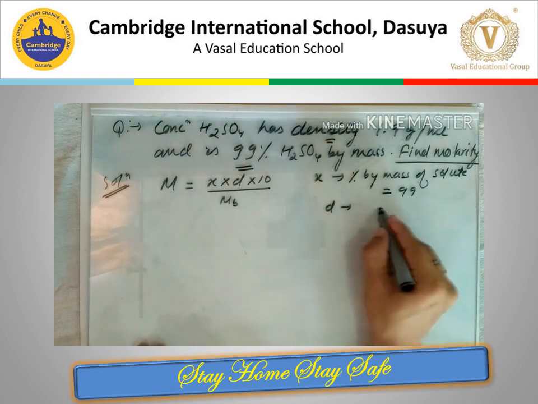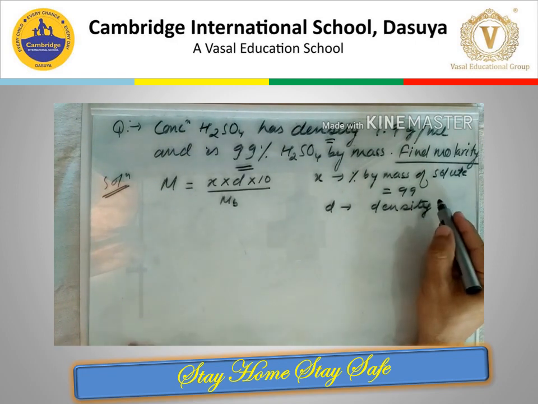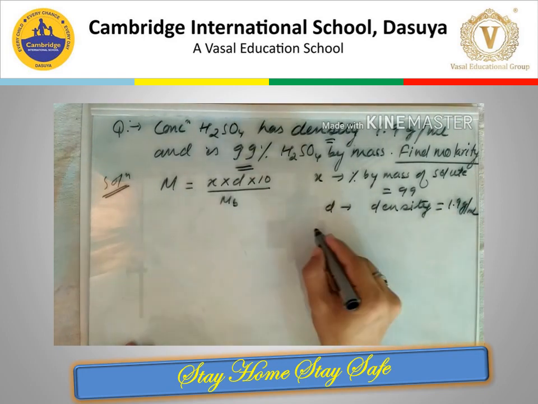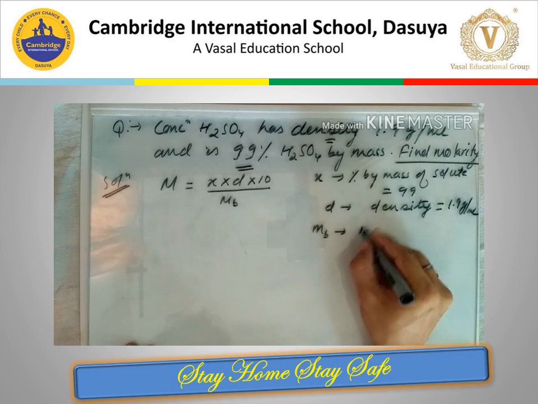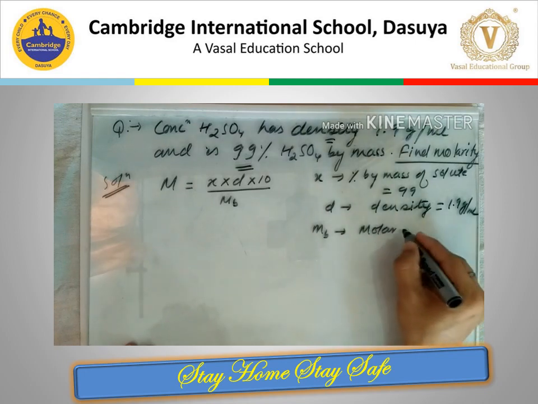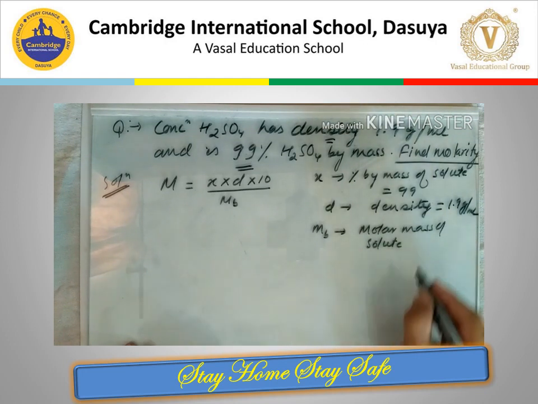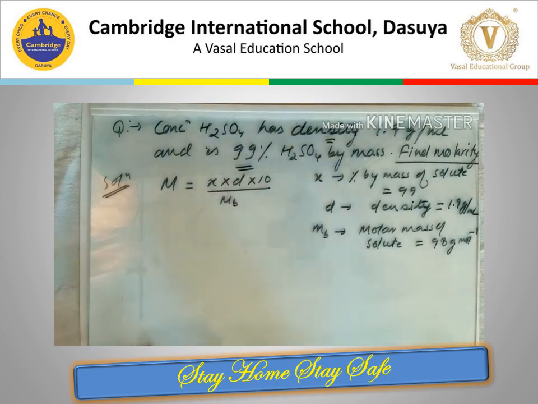D is density here, and this is equal to 1.9 gram per ml. Mb is the molar mass of solute, sulfuric acid, and this one is 98 gram per mole.